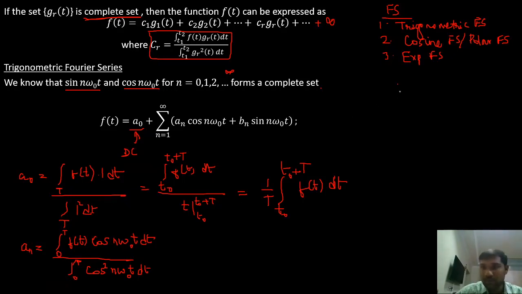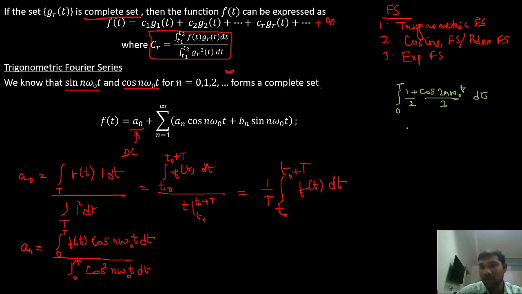Integration of 0 to T cos square n omega naught t. What is cos square n omega naught t? Cos square n omega naught t is 1 plus cos 2n omega naught t, by 2. So I'll separate the by 2 for both the terms, and I'm left with dt. So 1 by 2 dt.